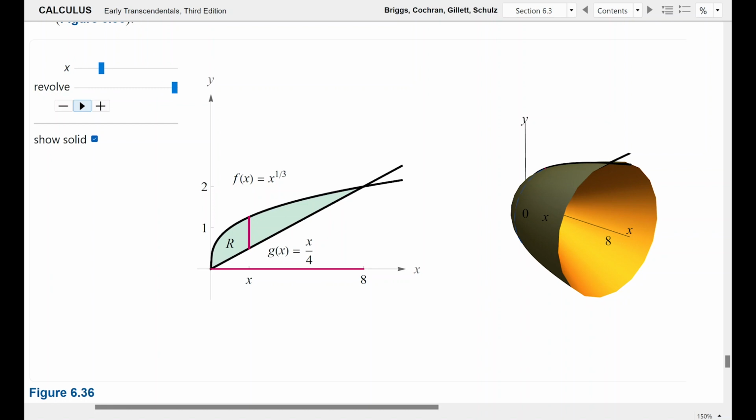That's how the volume looks once we rotate it about the x-axis. You could see the same dynamic there with the outer radius and inner radius. You're getting a washer because you're rotating around the x-axis and cutting out an inner radius, so you'll get the area of the outer radius minus the area of the inner radius shape. That's how this works when you're rotating about the x-axis instead of the y.